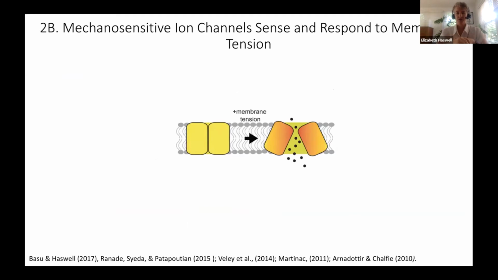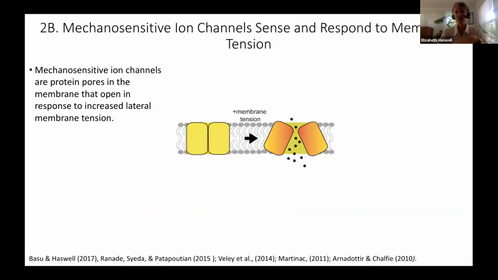Mechanosensitive ion channels in general sense and respond to lateral membrane tension. Lateral membrane tension is tension that's in the plane of the membrane. One way to think about this is to think about a cell. If we're talking about the plasma membrane, think about the cell as a balloon, and think about these ion channels as all embedded in the balloon.